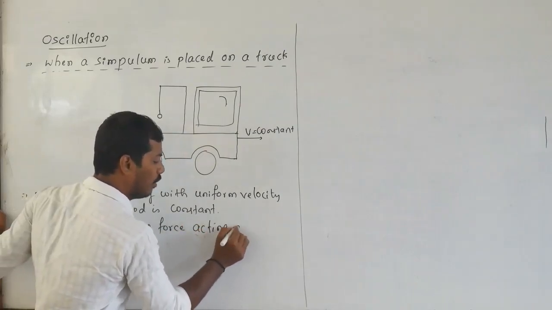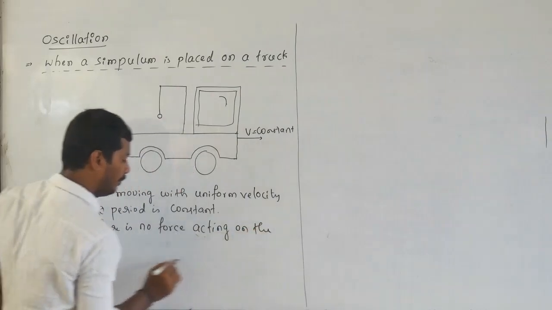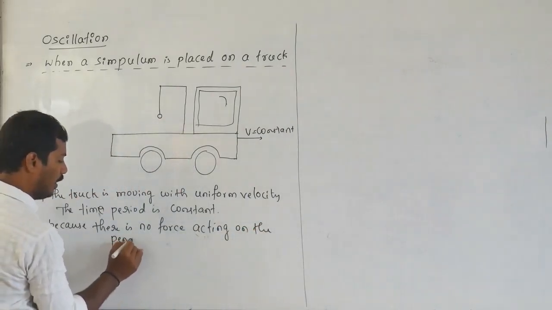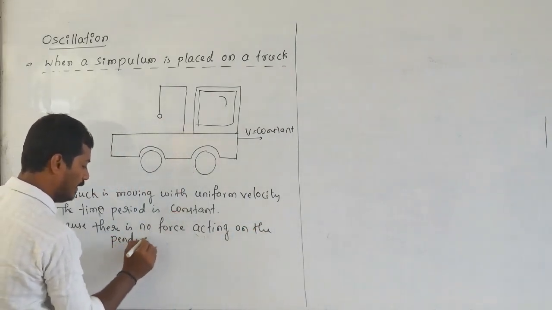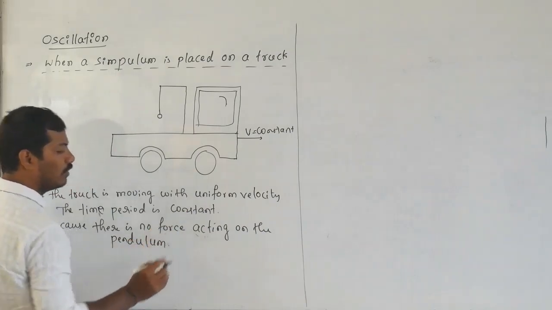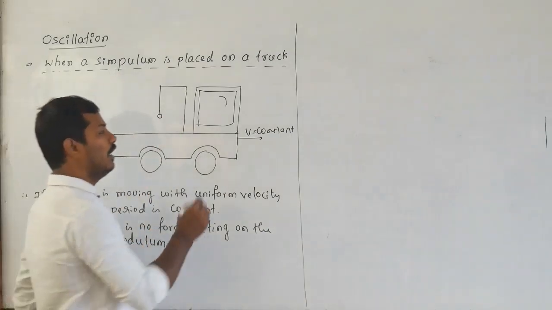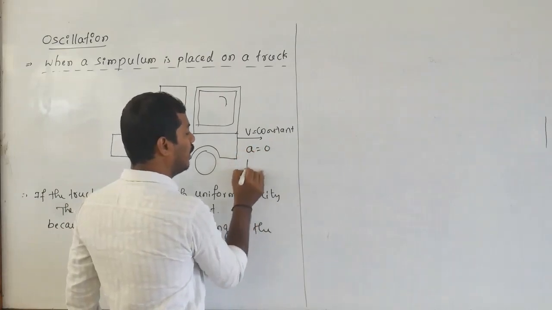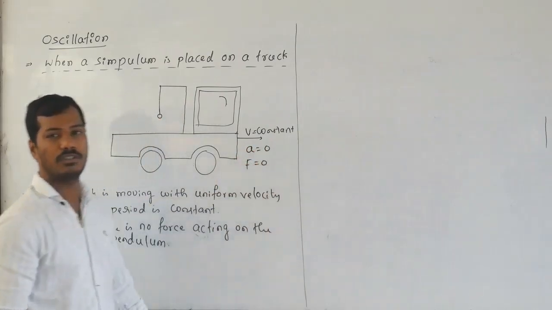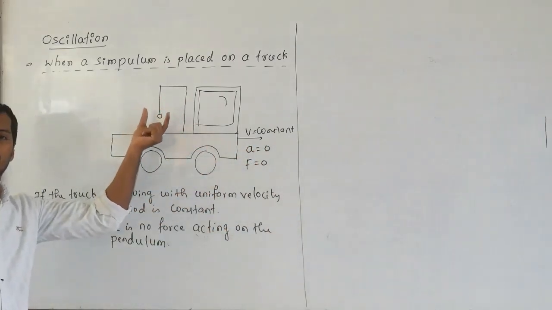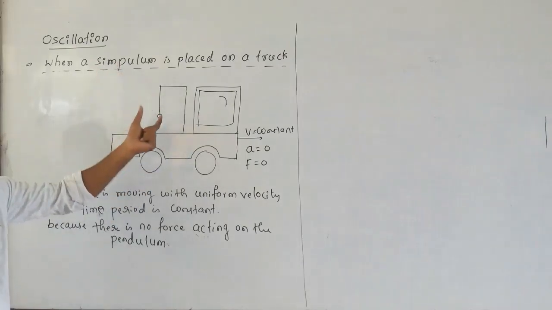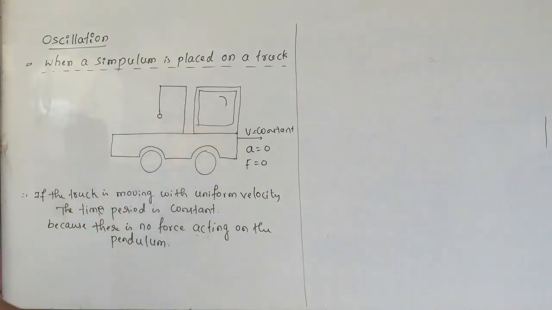Why is the force 0 here? Because the acceleration is 0. If the acceleration is 0, then force is also 0. The force acting on this pendulum is 0, but it is oscillating with a constant time period.